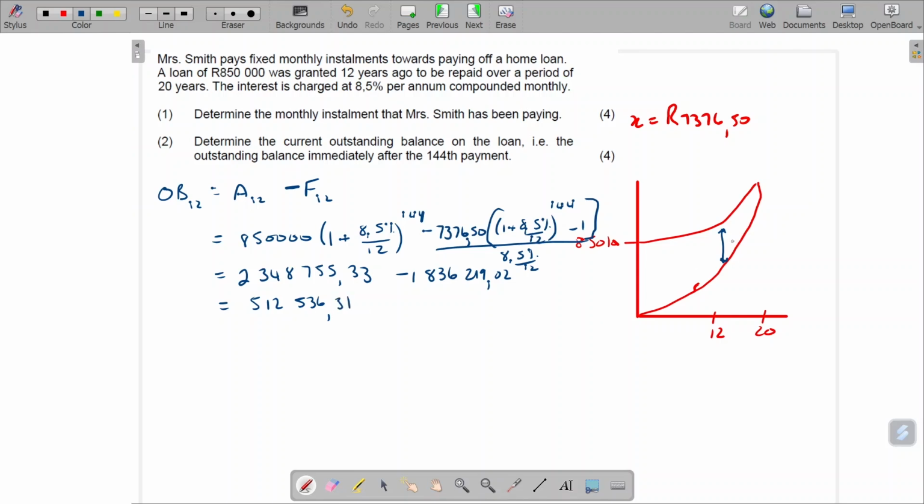Again, quite amazing to think that after 12 years, having bought something for 850,000, he still owes 512,000.